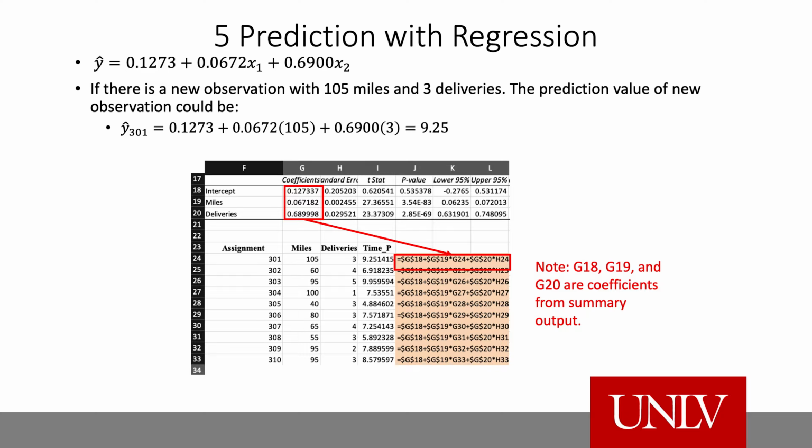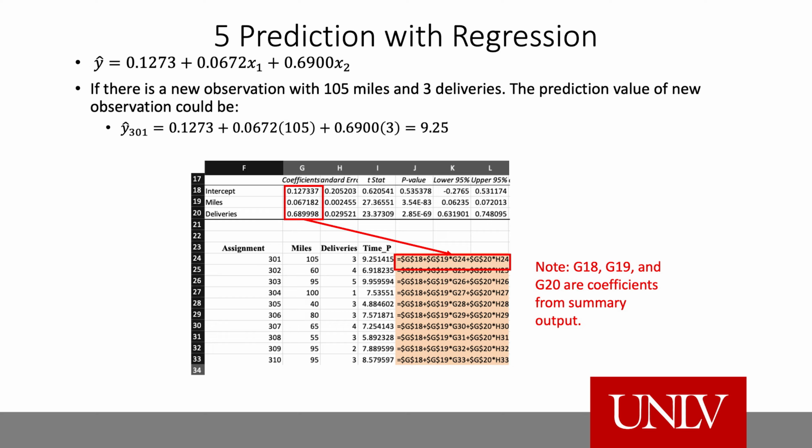Now, if there is a new observation with 1.5 miles and 3 deliveries, the predicted value of the new observation, if we use the equation, which is 0.1273 plus 0.0672 multiplied by 1.5, which is the new miles traveled, then plus 0.69 multiplied by 3, which is the new deliveries. So the result is 9.25, which is the predicted travel time.